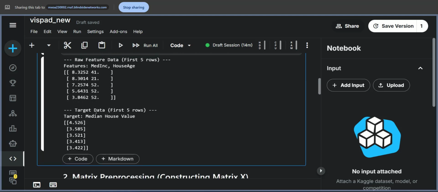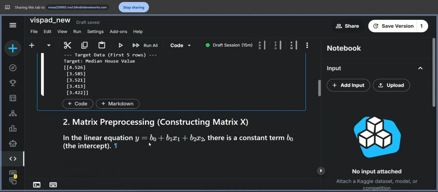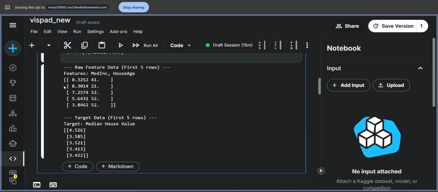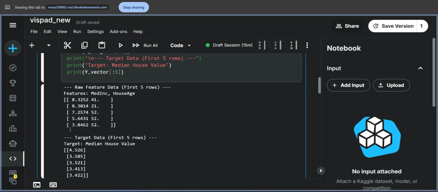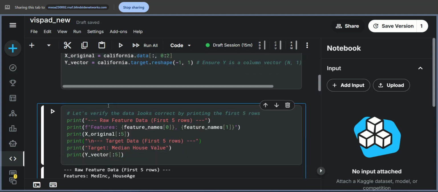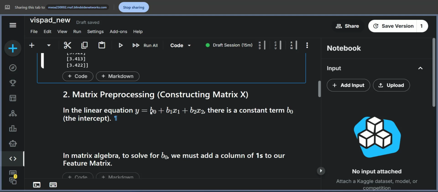Because we are trying to get the constant term here, we have to introduce one, so that they are all one. They are not having any significant representation, but we need those three columns of data in order to get the b0, the b1, and b2, right?